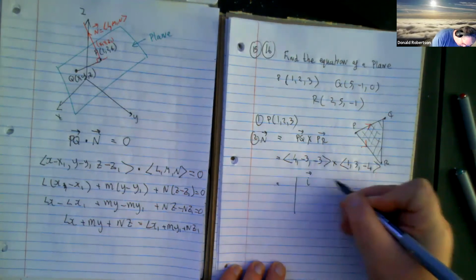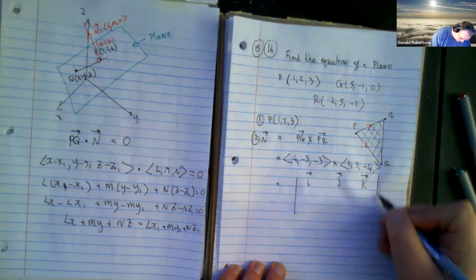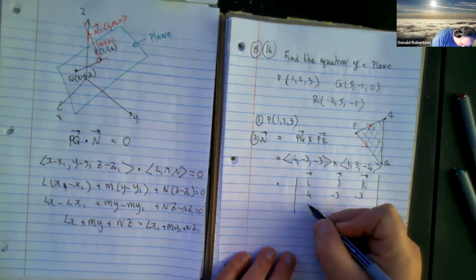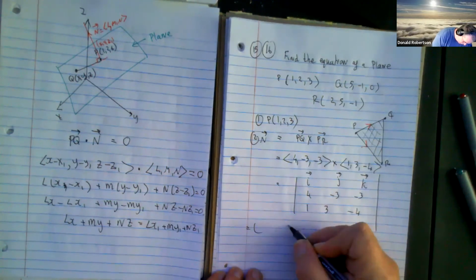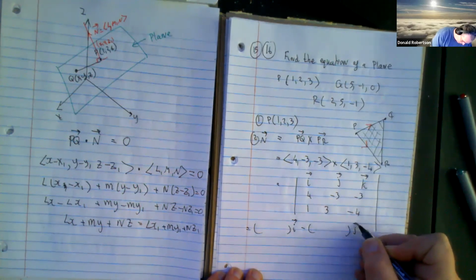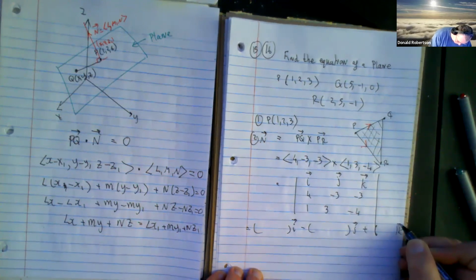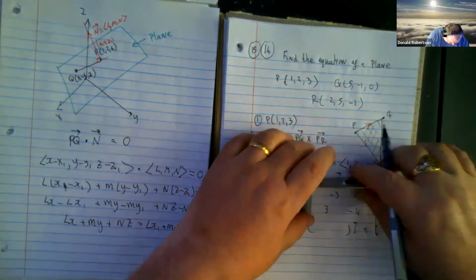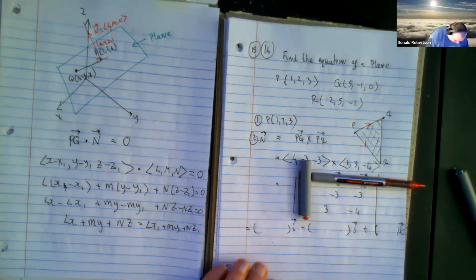So we have an I, we have a J, and we have a K. And that guy goes there. And this guy goes here. And it's so many I's, take away so many J's, plus so many K's. Okay, you cover that fella up. What do you get? You get 12, take away -9.